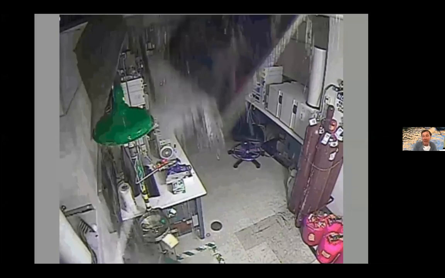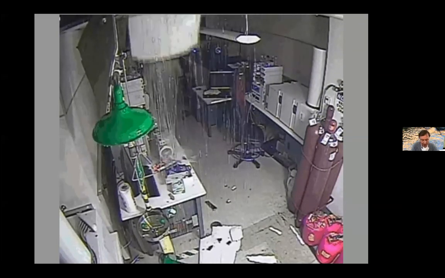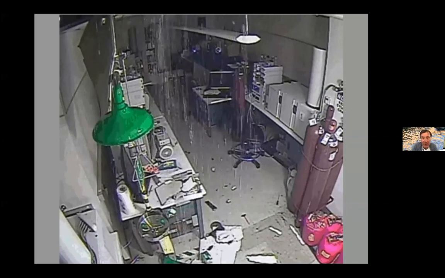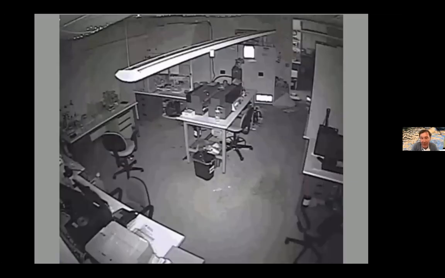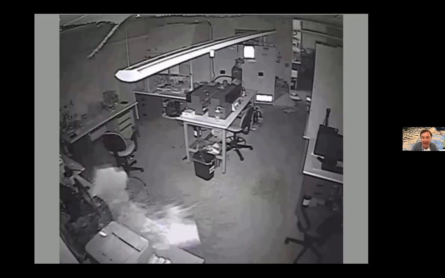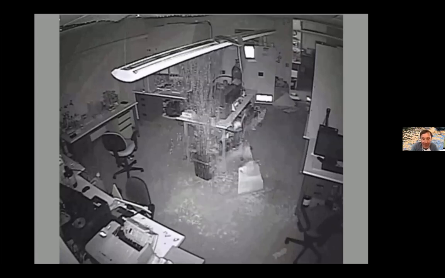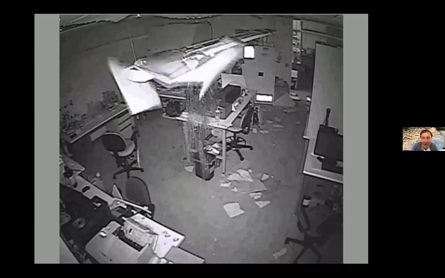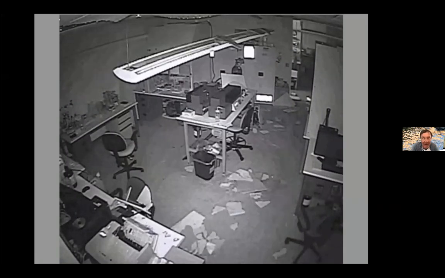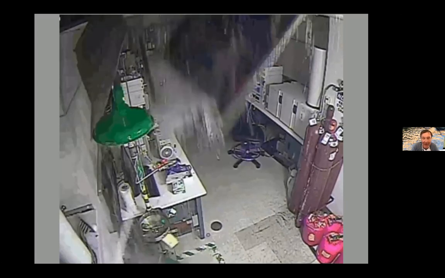So I mentioned to you earlier what created this growth spurt, and the growth spurt was largely due to an event in the lab in 2017. I was on vacation at the time, and I got a phone call from our security saying that something had happened in the lab and I needed to address it.